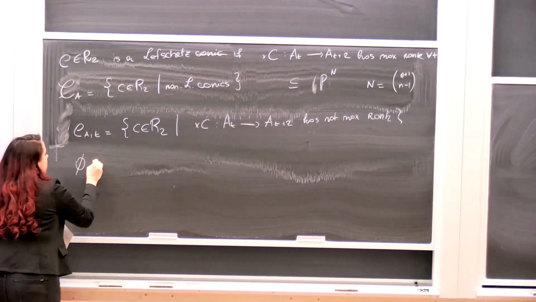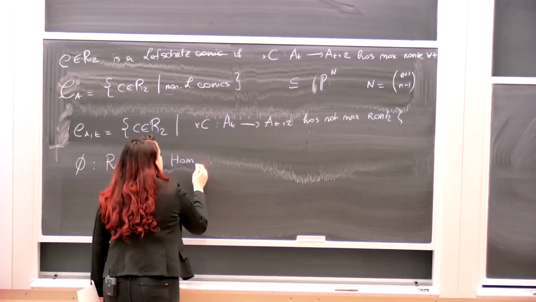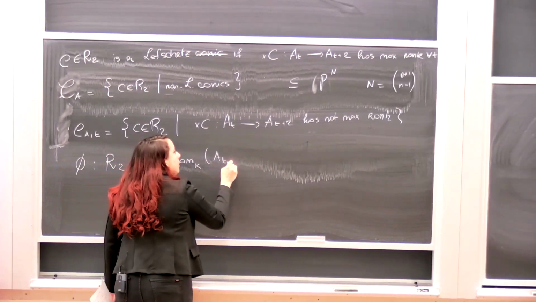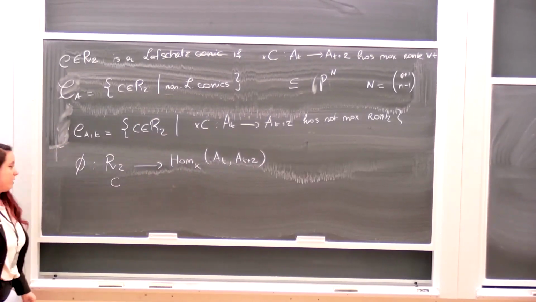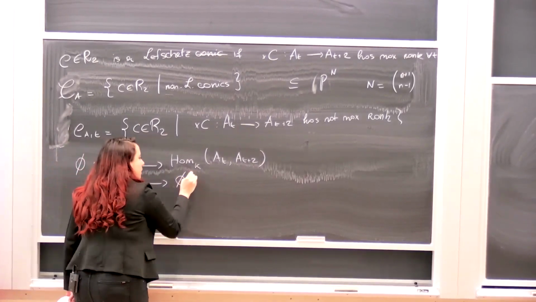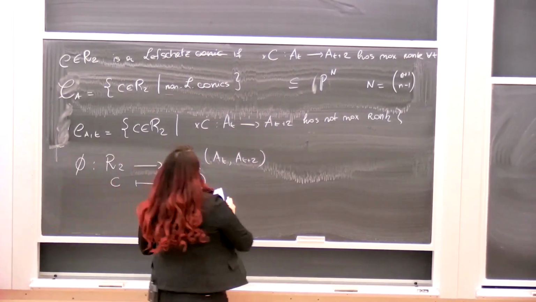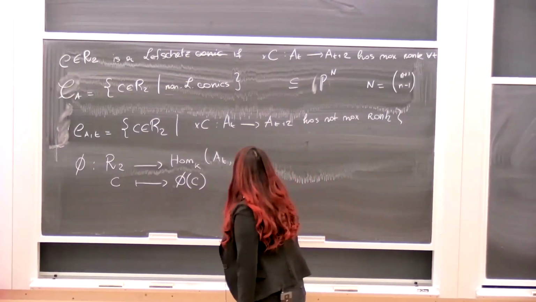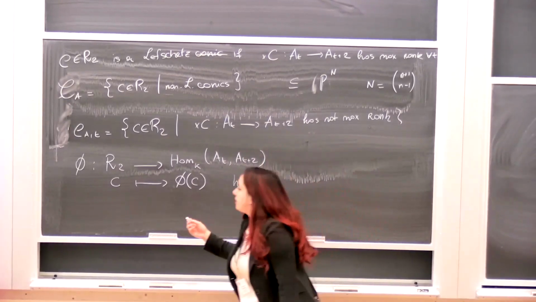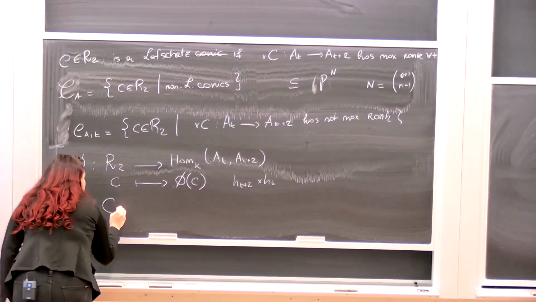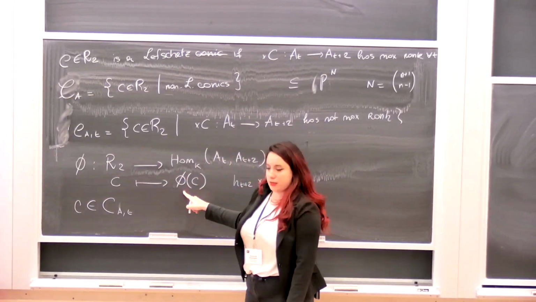Clearly, we can have a map between R2 and the maps from AT to AT plus 2 that takes my polynomial of degree 2 into a matrix, once we choose a basis for each. This one is represented by a matrix that is HT plus 2 times HT. And C fails to have maximum rank in degree T only when this matrix here does not have maximum rank.